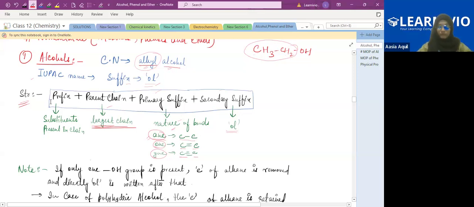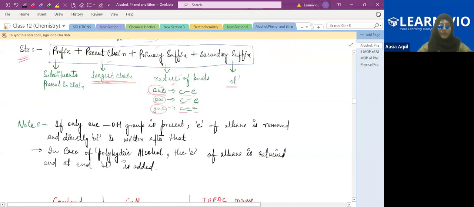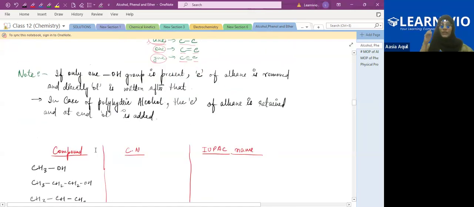One more thing, note down. If only one hydroxyl group is present, that means the alcohol is monohydric, then the e of alkane is removed and directly you write ol.